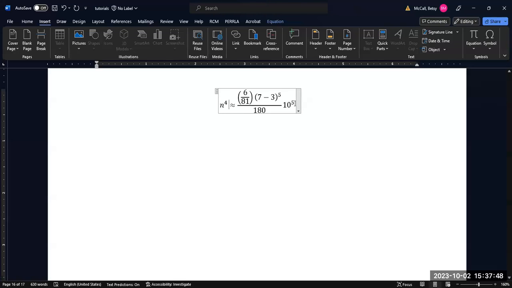And what I'm going to get is, again, approximately 43139.9177... And now what I need to do is take the fourth root of this.